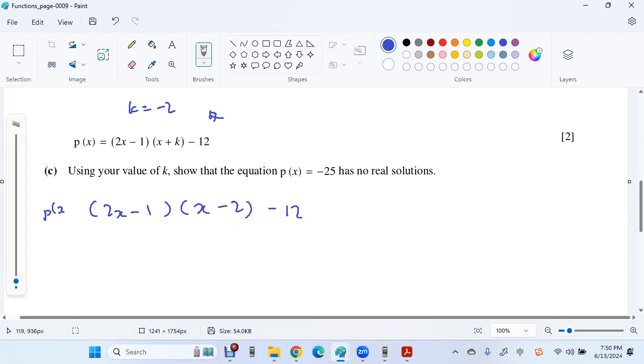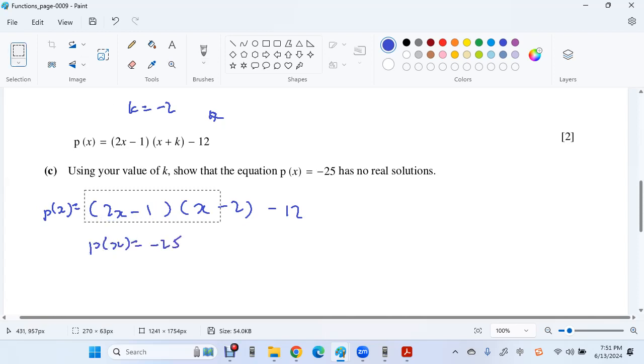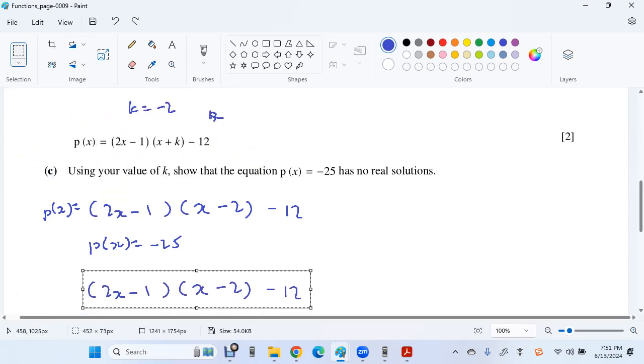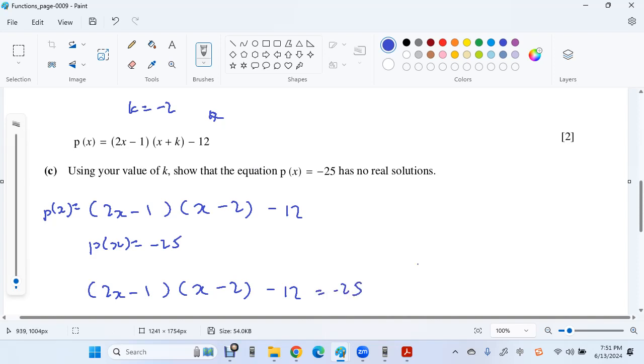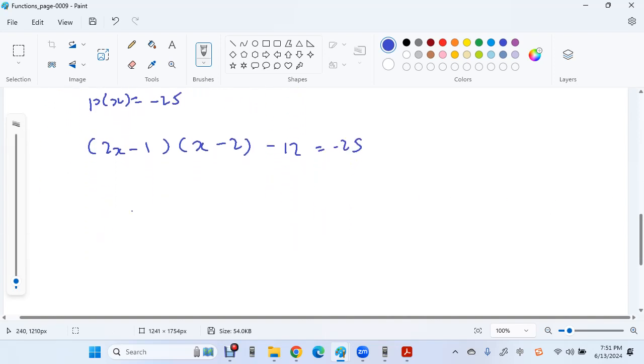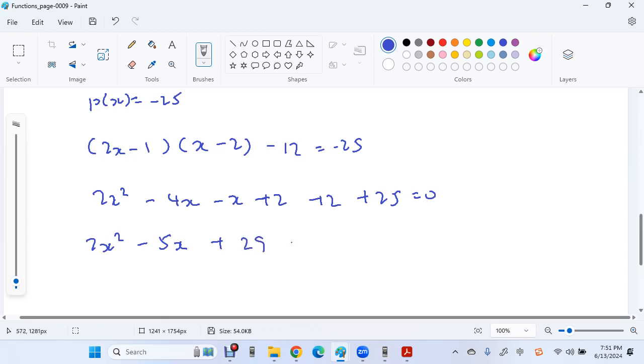So we have p(x) equal to -25. So we will have 2x squared minus 4x minus x plus 2 minus 12 plus 25 equals 0. So we have 2x squared minus 5x plus 29 equals 0.